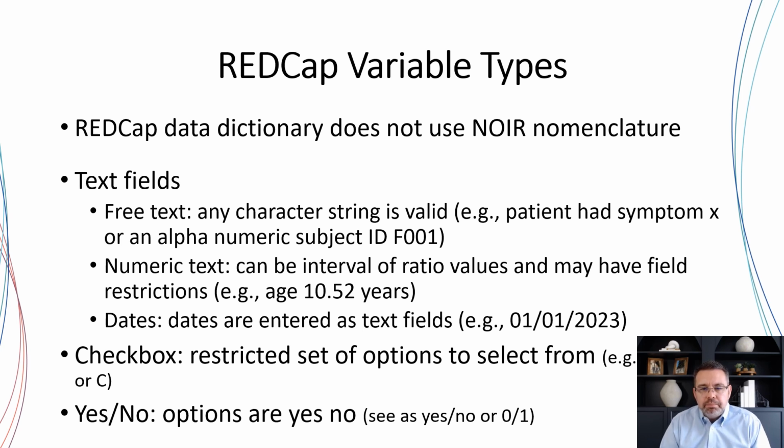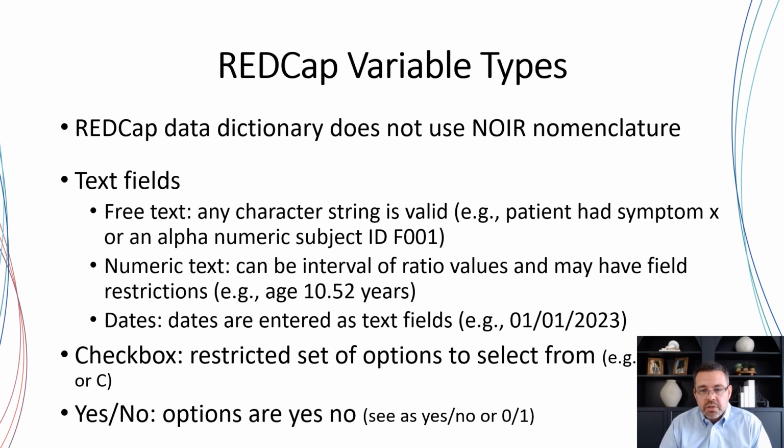In REDCap, some of the fields you're going to see as you look through this data dictionary, probably the most common is going to be listed as a text field. And text fields in REDCap can have various meanings. So, I think we would most associate this with a free text field. This is any character string that represents a valid variable type.